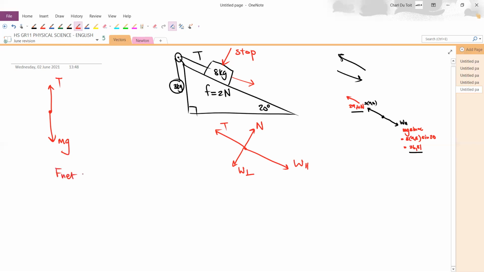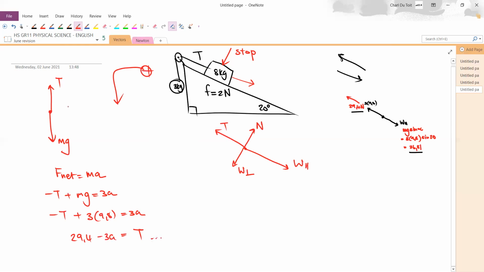F net equals MA. So I'm going to use this direction as positive. So we have negative tension plus positive mg equals 3a. Negative tension plus 3 times 9,8 equals 3a. So tension equals 29,4 minus 3a. That's our first equation for the 3 kg.